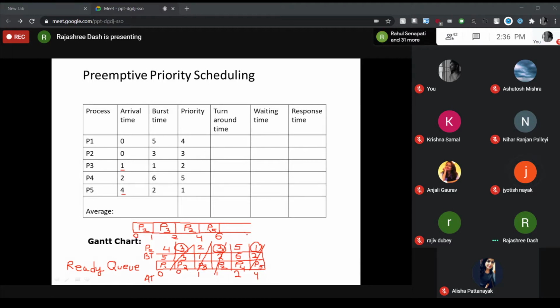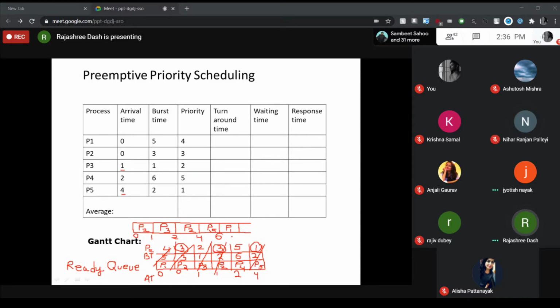So after P5, what is the next process to be allocated to the CPU? P1. So now P1 will be allocated to the CPU at time 6, and it will continue up to 11, since 6 plus 5 is 11.